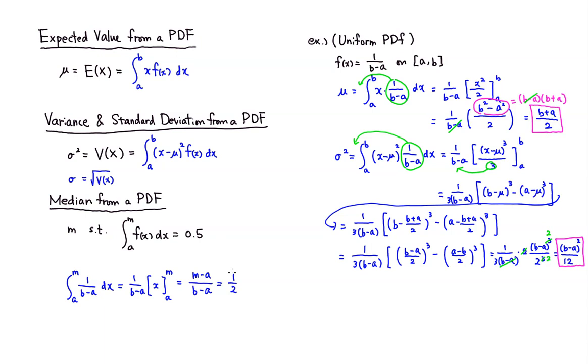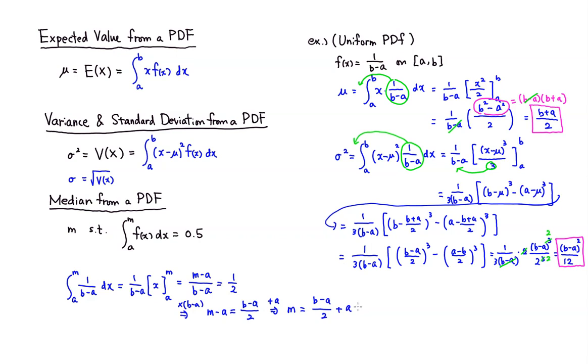All right? Then all we have to do is solve for m, right? So I'm going to multiply by quantity b minus a. So m minus a is equal to b minus a over 2. Then we can simply add a. So the median m is equal to b minus a over 2 plus a.